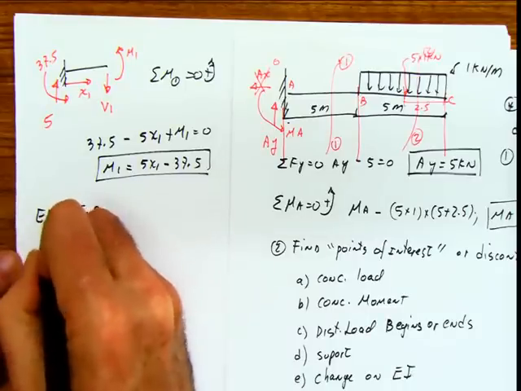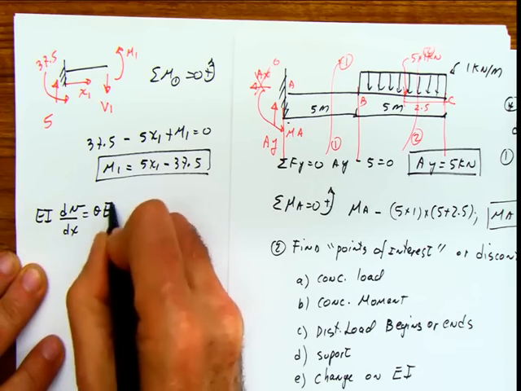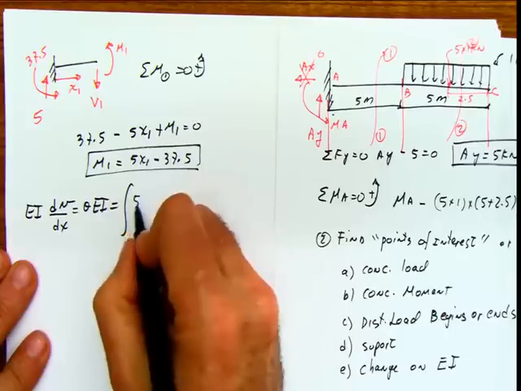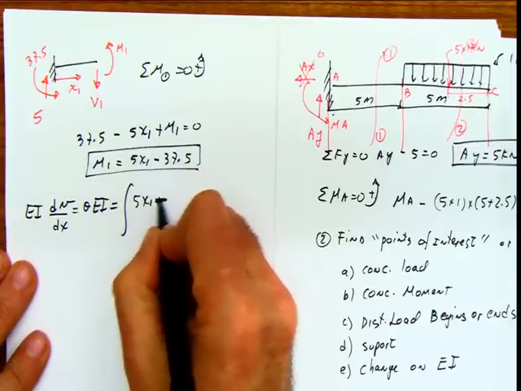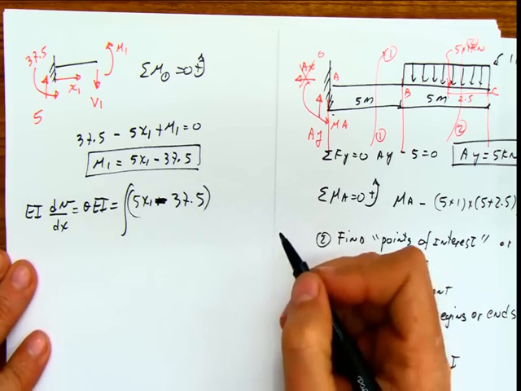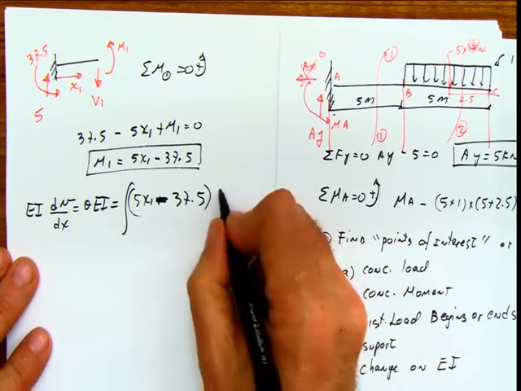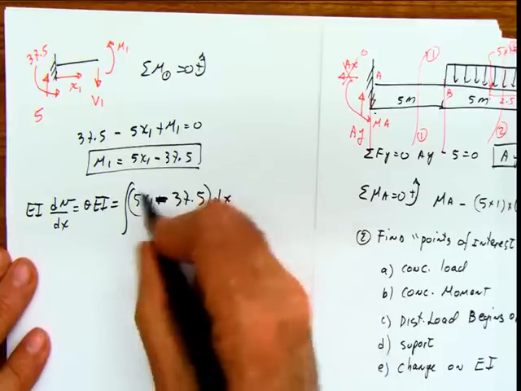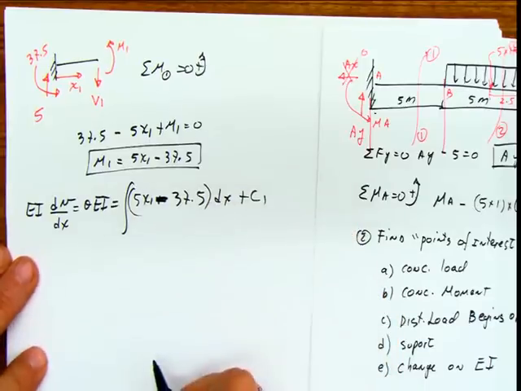Remember, EI multiplied by the slope is going to be equal to the integral of this minus 37.5 dx. Of course, because this is an indefinite integral, we add the constant c1.